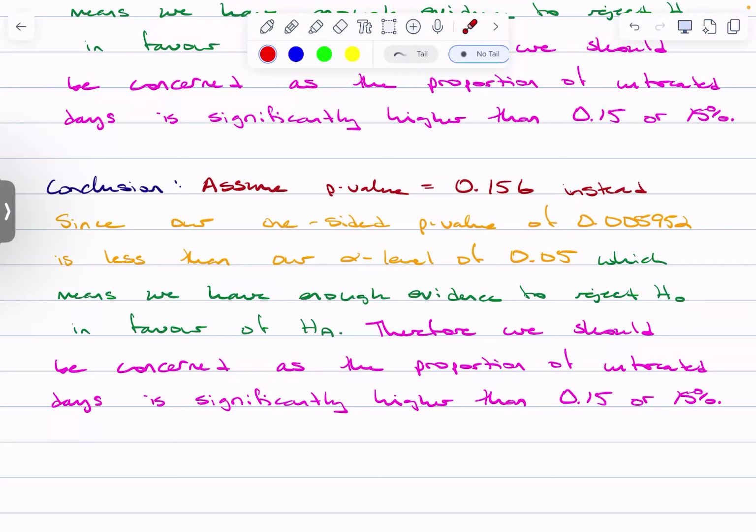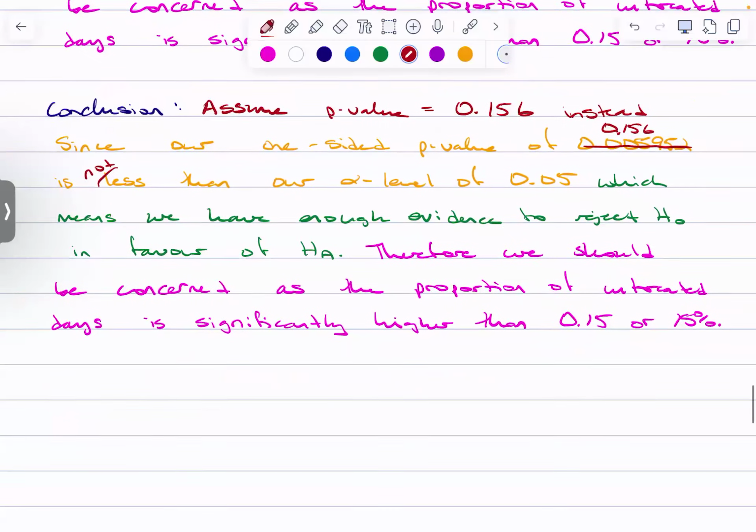So since our one-sided p-value of 0.156, let's say, is not less than our alpha level of 0.05, we do not have enough evidence to reject H0. If you're not rejecting it, you can stop there.